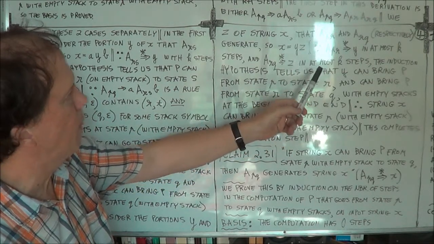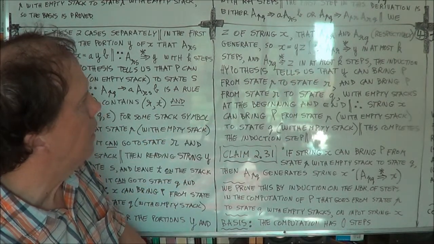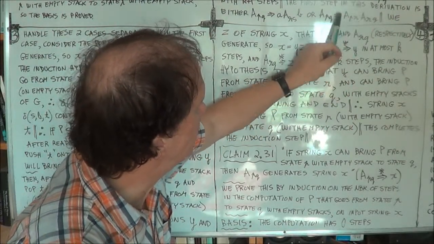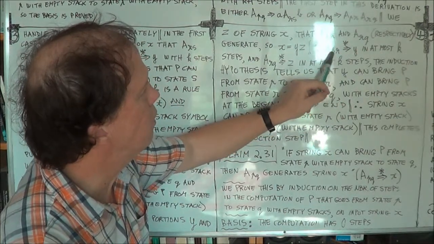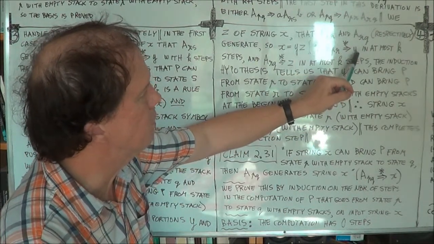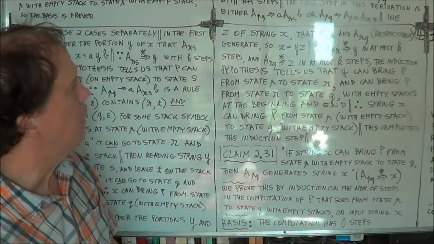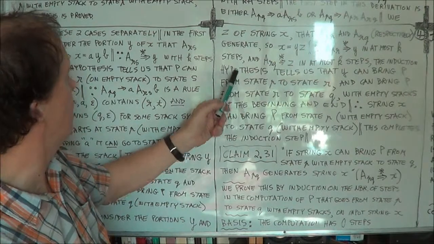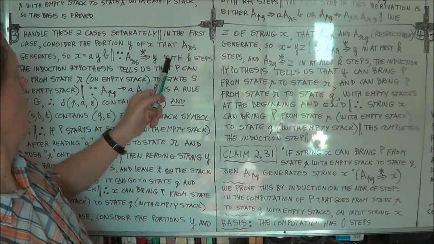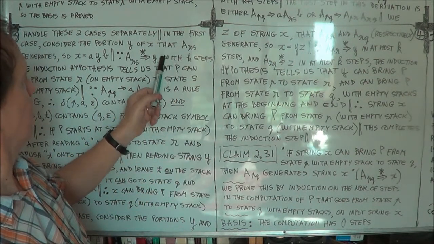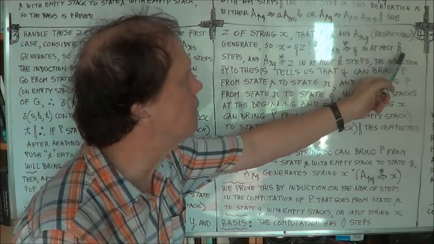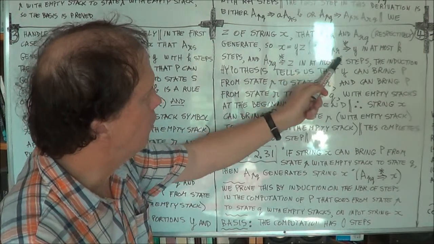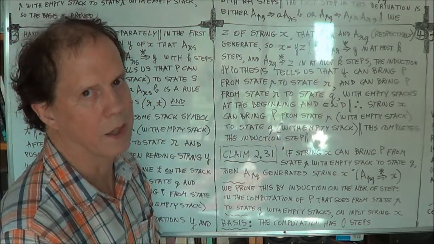Now what? Your PR here, the number of derivations it needs to generate its substring Y will be at most k steps. Anyway, the number of derivations to generate its string will be less than k plus 1.